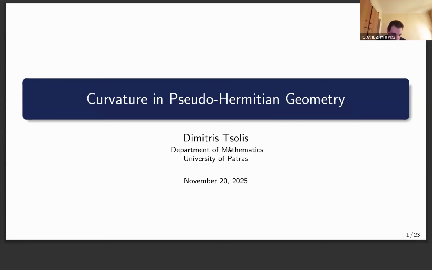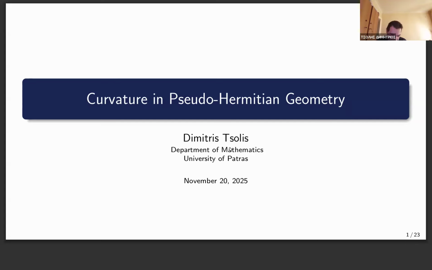On Sub-Riemannian geometry, and we'll focus mostly on the curvature, the Tanaka-Webster connection. So my goal is to define curvature on this Pseudo-Hermitian type of structure, which is kind of analogous to the Riemannian case, but with some twist.